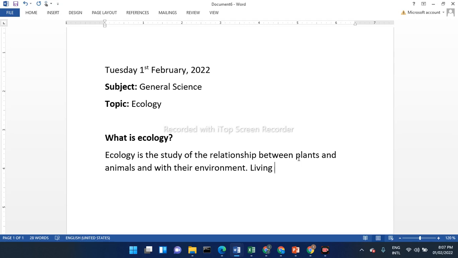So living organisms exist from the Earth's crust, that's the surface of the Earth, to the upper limit of the atmosphere.